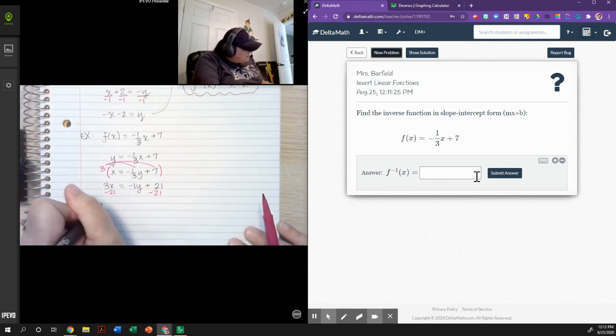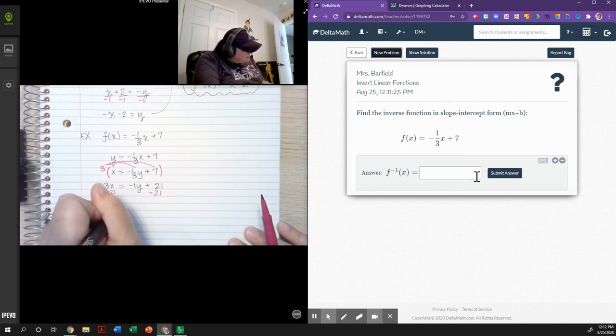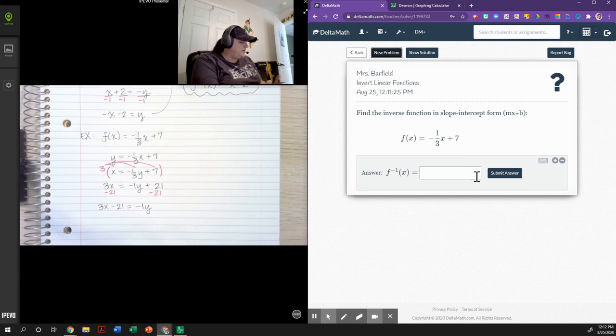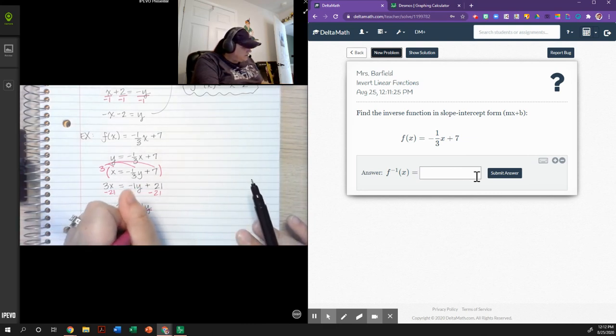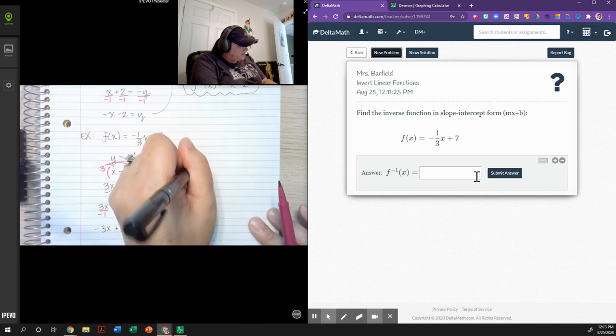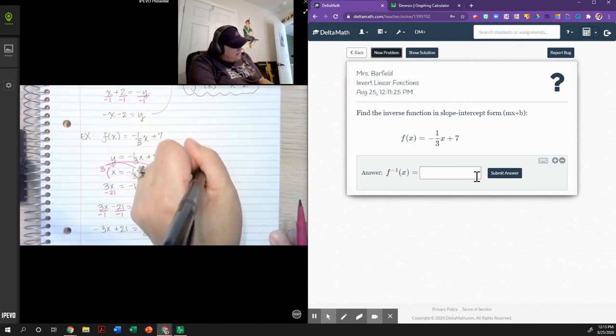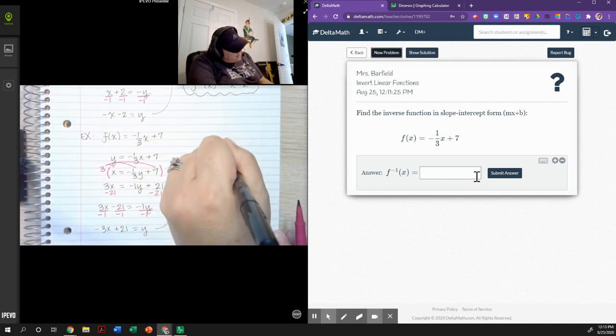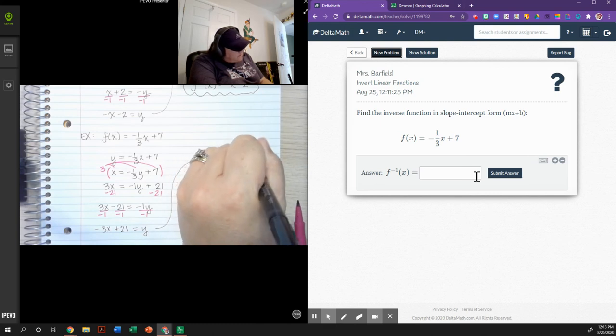That gives me 3x minus 21 equals negative 1y. I'm going to divide each of them by negative 1. So I get y equals negative 3x plus 21.